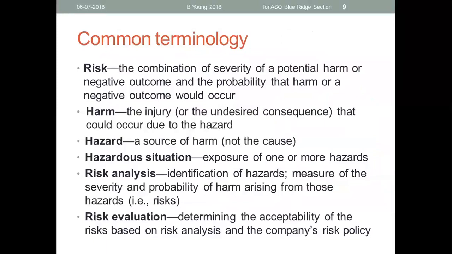The risk analysis is a part of your risk process where you're identifying hazards and measuring the severity and the probability of the harm that could arise from those hazards. And last, risk evaluation, determining the acceptability of the risks that you have measured based on the company's risk policy.